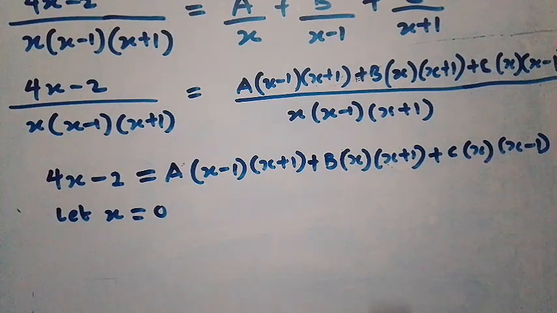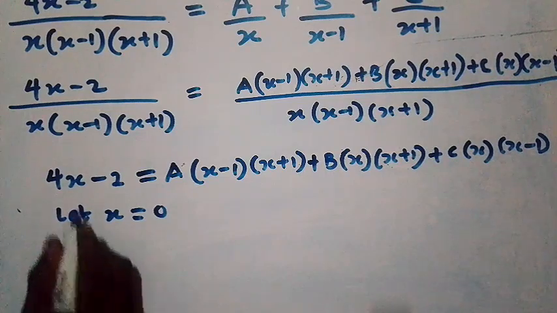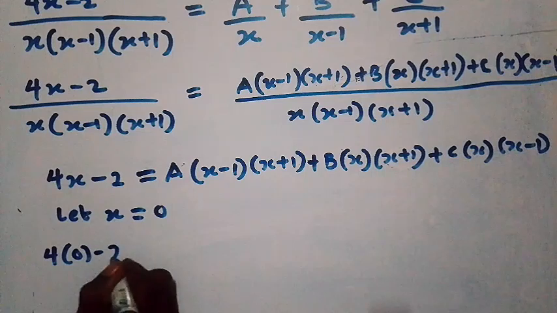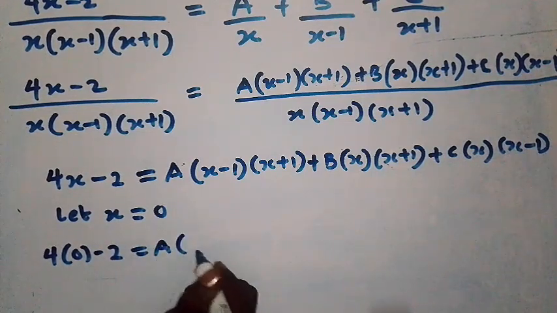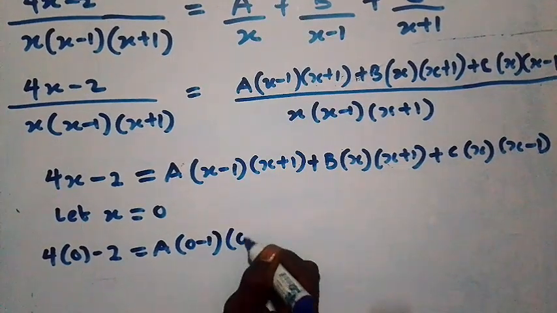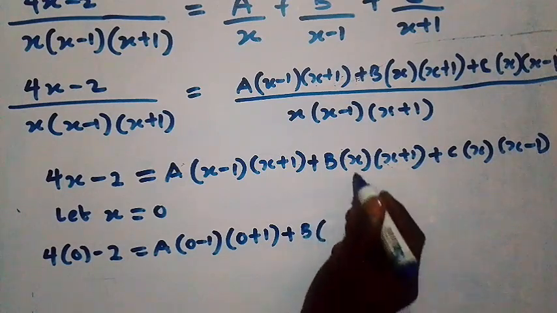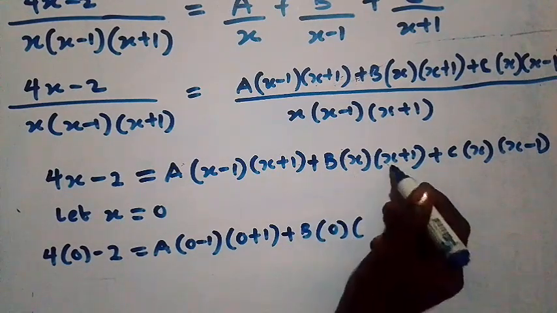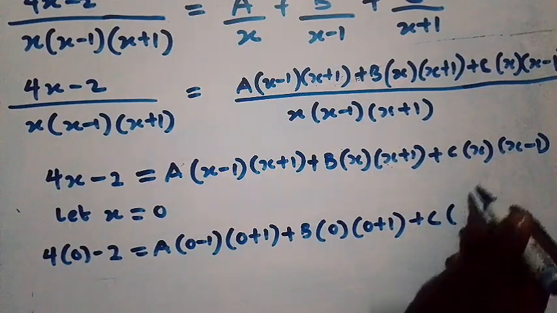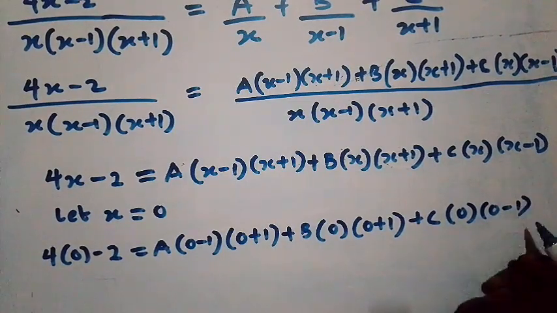If x is equal to 0, from here we have 4 times 0 minus 2, equals A(0 minus 1)(0 plus 1), plus B times 0 times (0 plus 1), plus C times 0 times (0 minus 1).